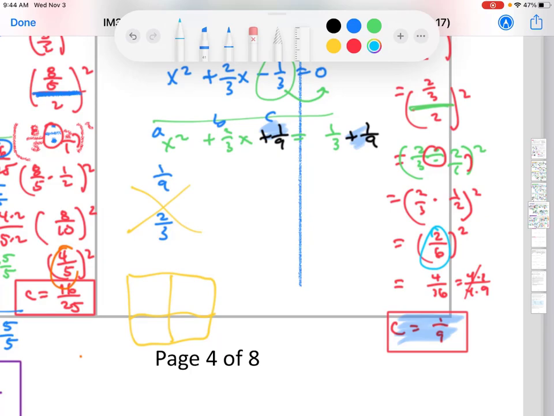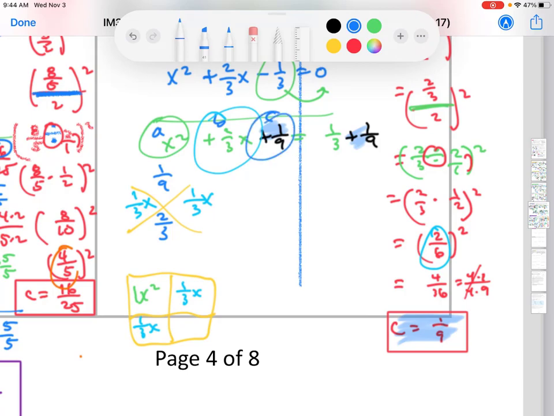I'm going to use 1/3. Okay, so 1/3 times 1/3 equals 1/9, and 1/3 plus 1/3 is 2/3. We're splitting the middle term here, so this becomes 1/3 x, 1/3 x. This is 1x squared. C value is 1/9.